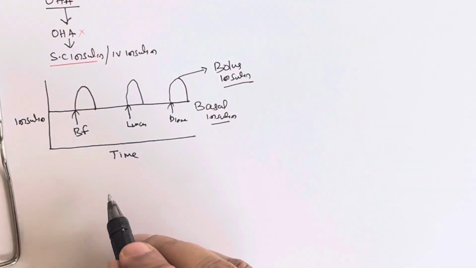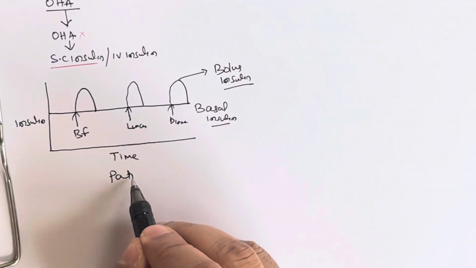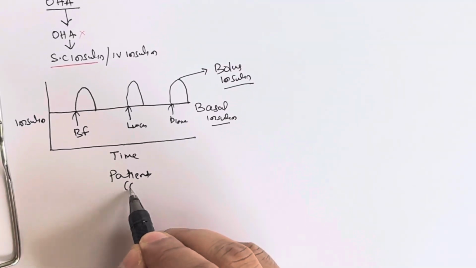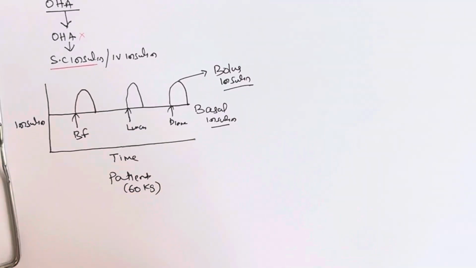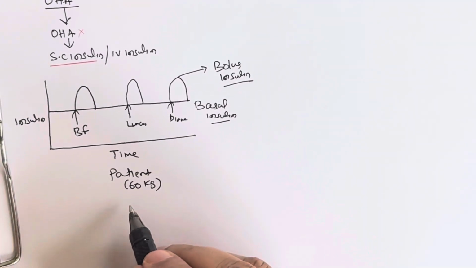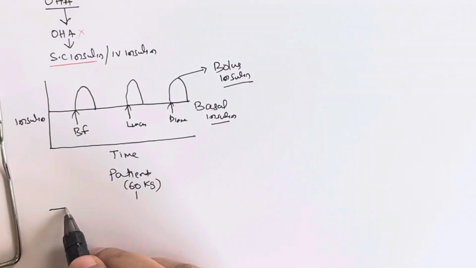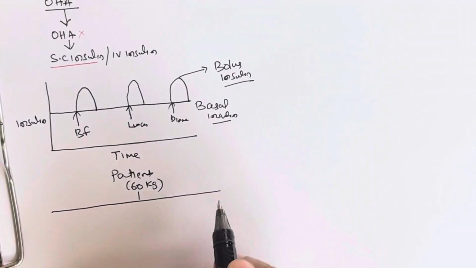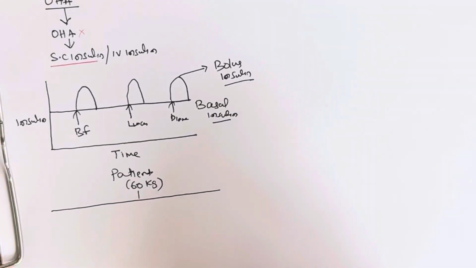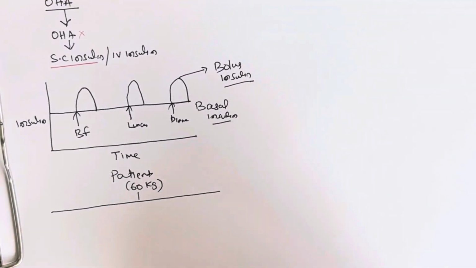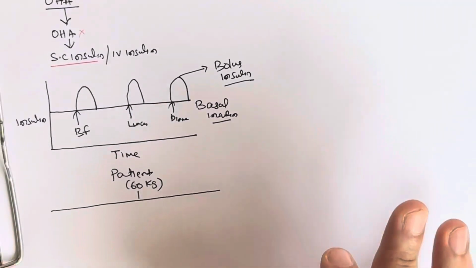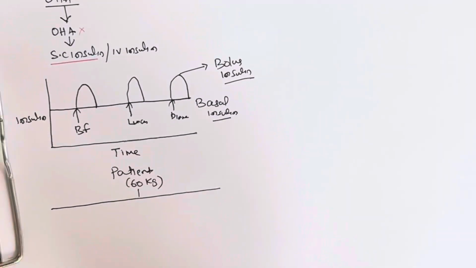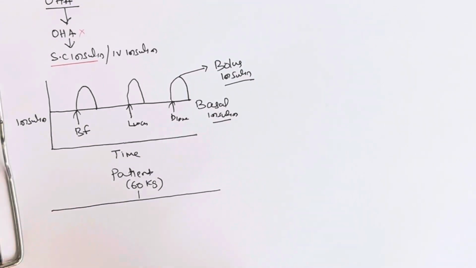Let's say the same patient has a body weight of 60 kg. As a general rule, you have to remember that the normal insulin requirement in a patient per day is around 0.5 unit per kg per day, provided he has no comorbidities.